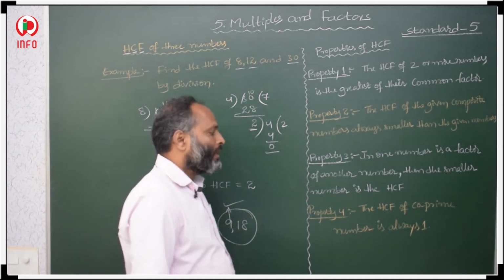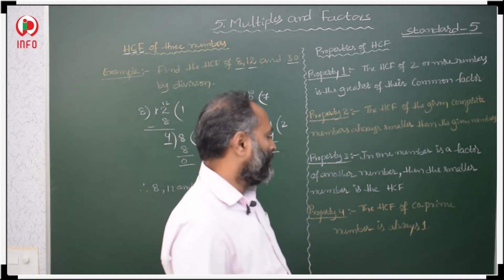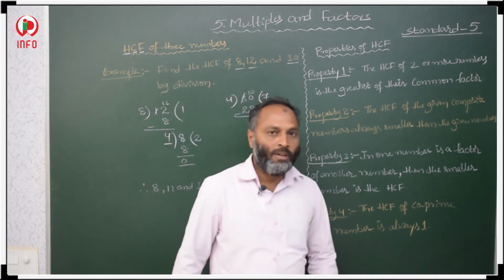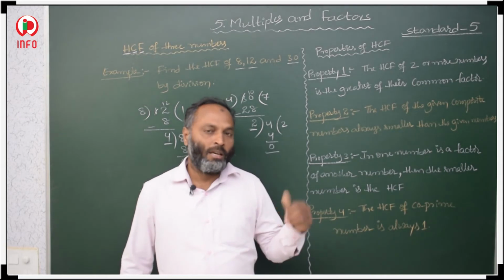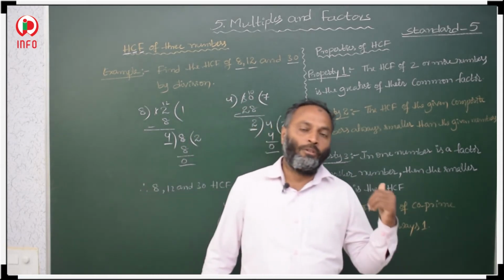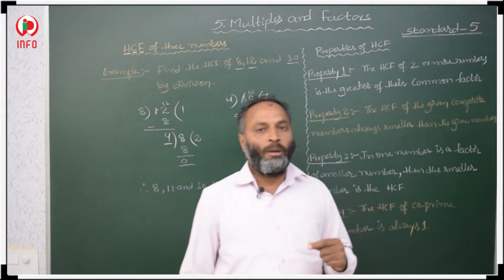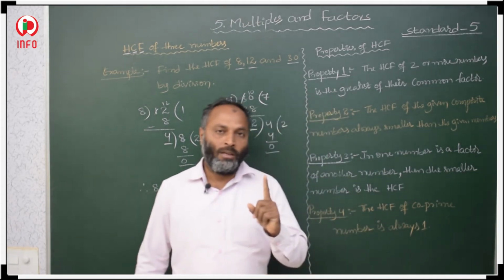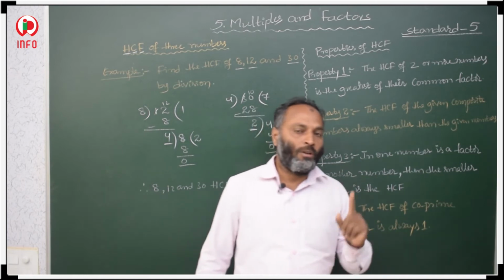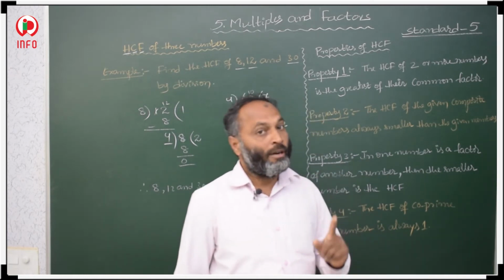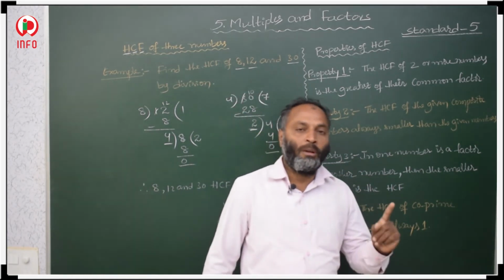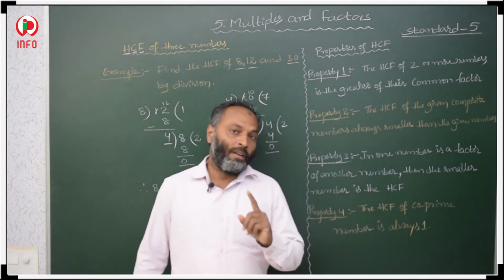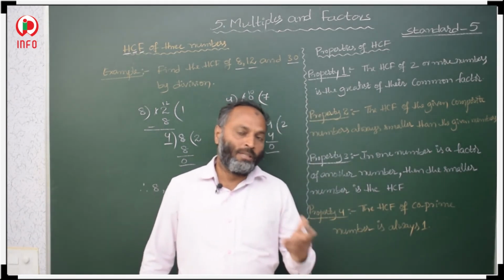Next, the HCF of co-prime numbers is always 1. So what is a co-prime number? I explained before what a co-prime number is. Co-prime numbers means if the common factor between the numbers is 1, then those numbers are called co-prime numbers.